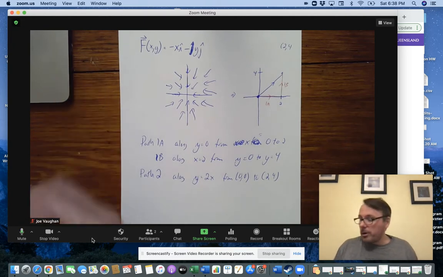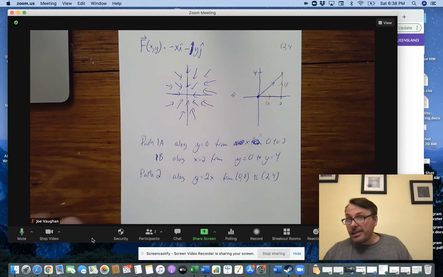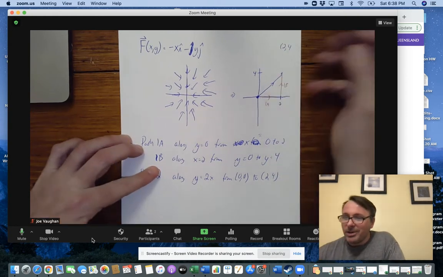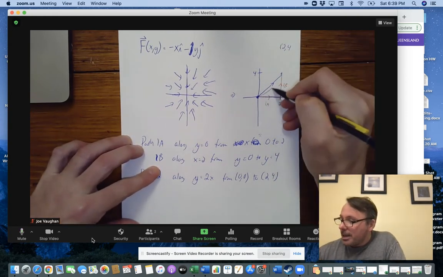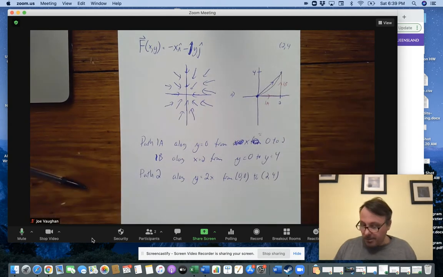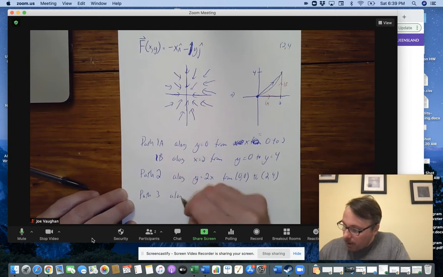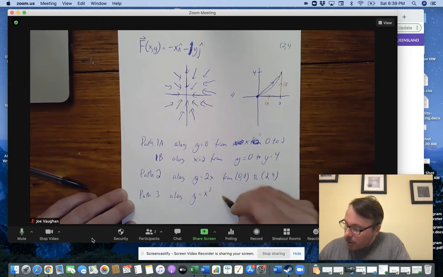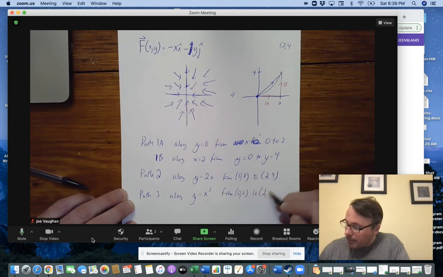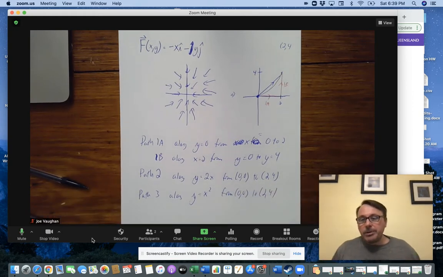The last path that we're going to test is, why don't we have a nonlinear path in there? I chose these points fairly strategically because the parabola y equals x squared nicely goes between those points. So along y equals x squared, once again from 0, 0 to 2, 4, right? And so that's how we do these path integrals. We pick a couple of paths between those.